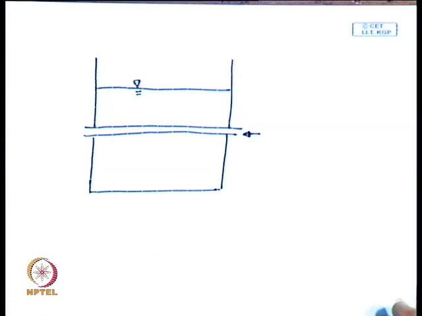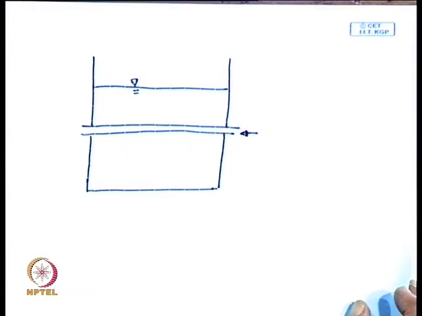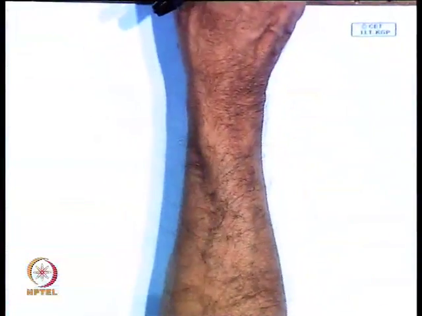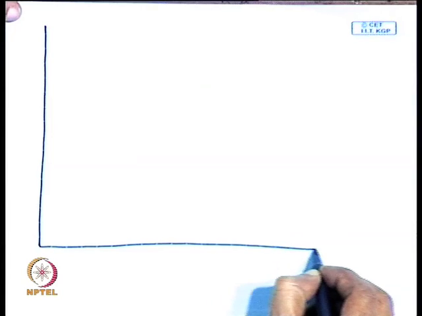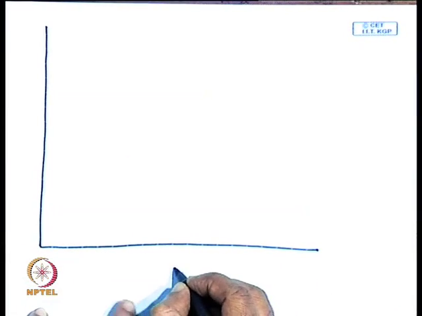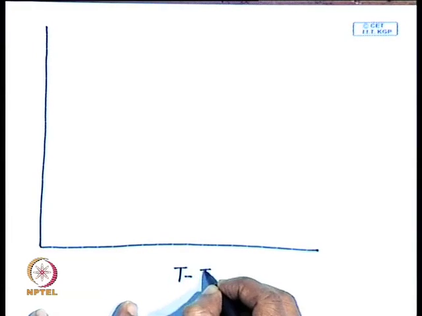So, now for the sake of discussion, we will go back to that curve, rather I will redraw that curve with greater features, and let us see what the detail of a pool boiling curve under temperature control condition looks like. So, under temperature control condition we have here T w minus T sat.